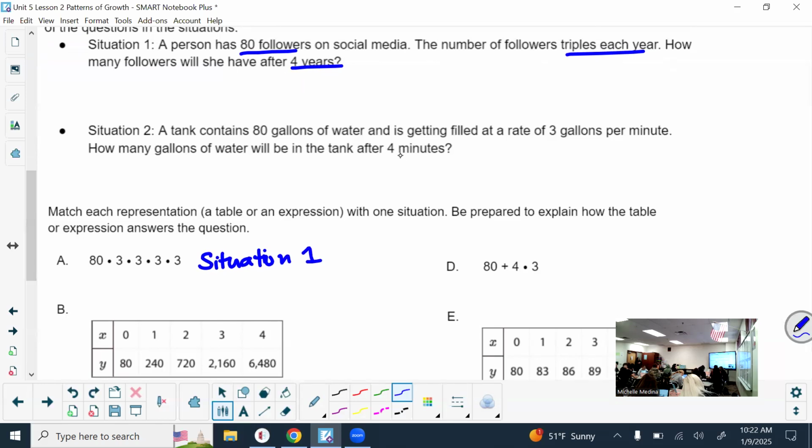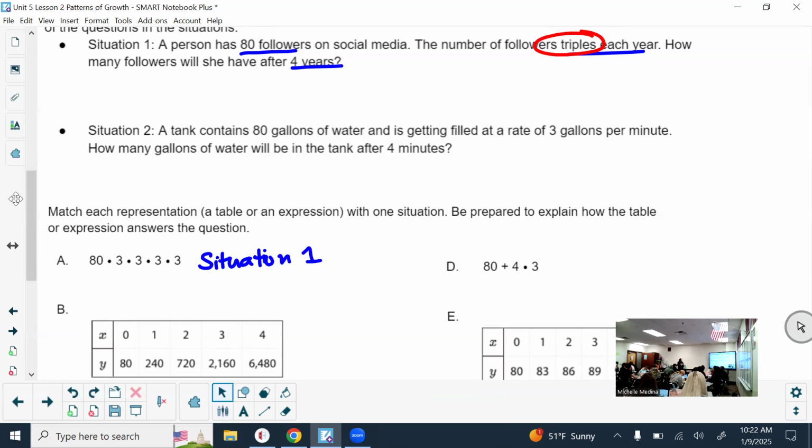The 4 repeats in both. However, the key thing that really differentiates what it should be is the part that says it triples. Tripling in math is multiplying by 3. So yes, this is situation 1, but the key thing that really differentiates it is the tripling part. All right, and they do it 4 times.